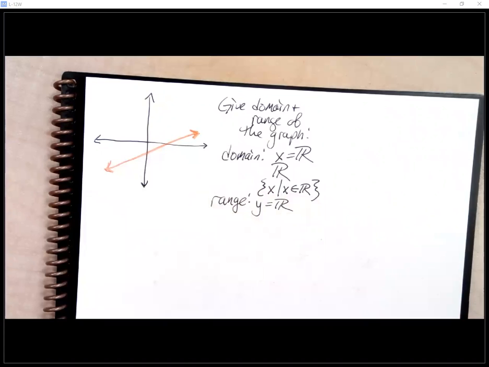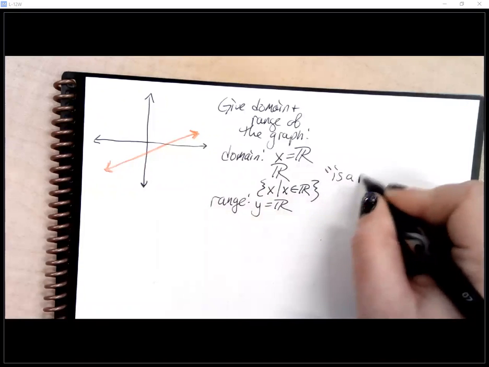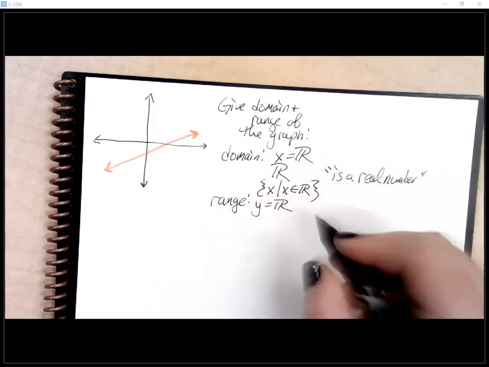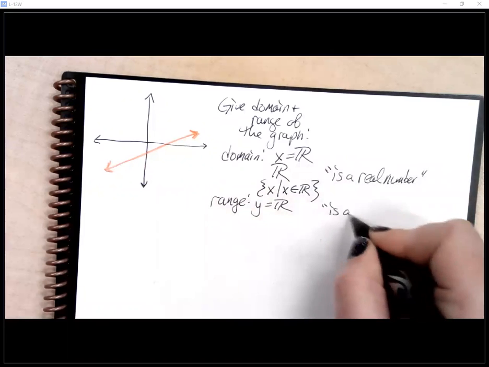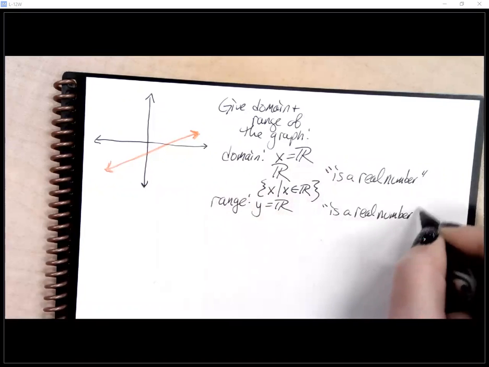I think I'm just going to add this because I see on your quiz, they say "is a real number." So all of these mean the same thing. It's just letting you know everything is included.